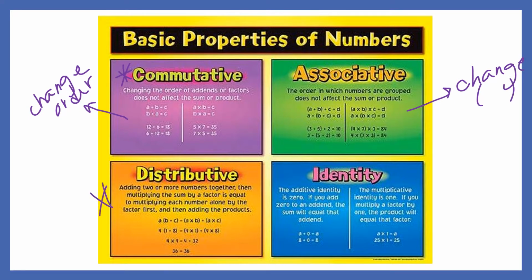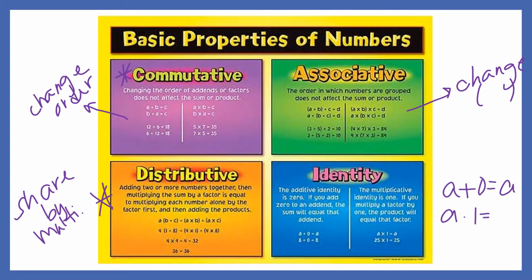Distributive, you're going to use this a ton. Hopefully we already remember what to do there, but we're sharing by multiplication. And then identity is either adding by 0 to keep the same thing, multiplying by 1 to keep the same thing. So that's additive identity and multiplicative identity.